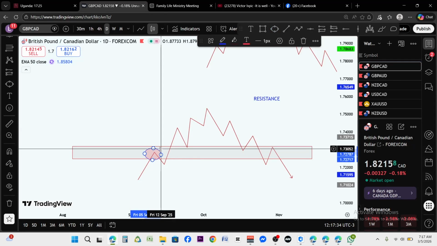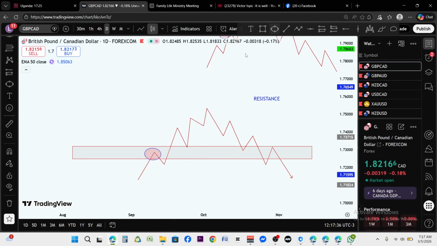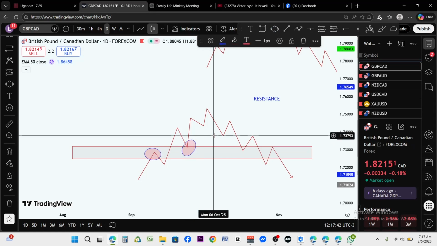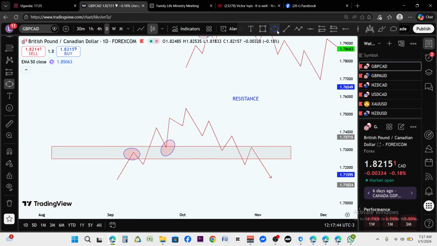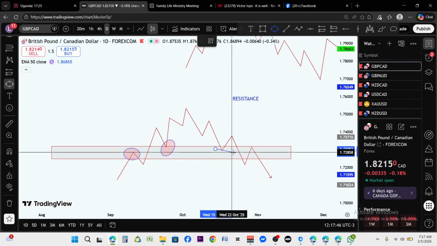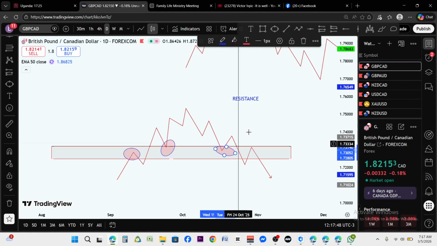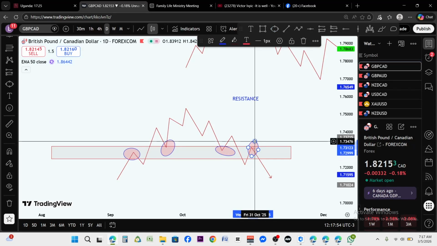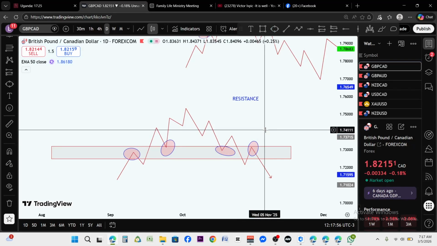Here is resistance. Yeah, this here is resistance. Here is support. Here support. And here resistance. Resistance is where price previously rejected.